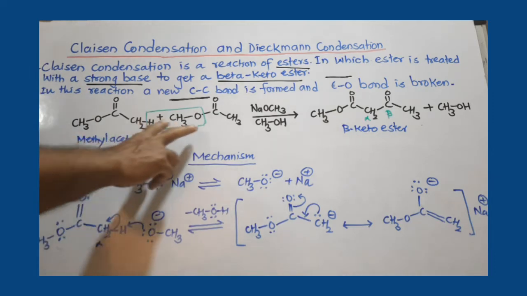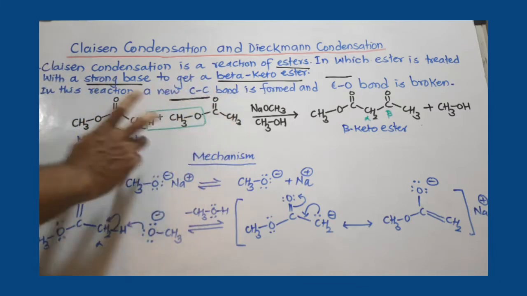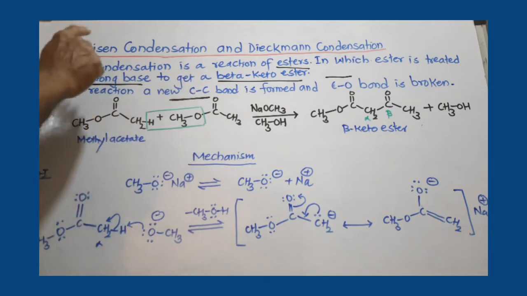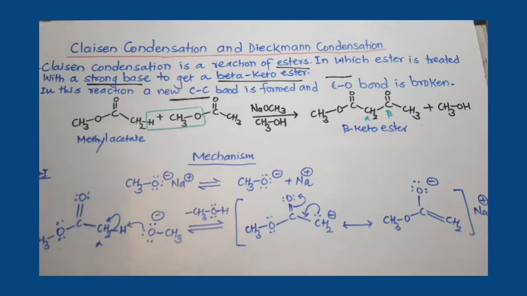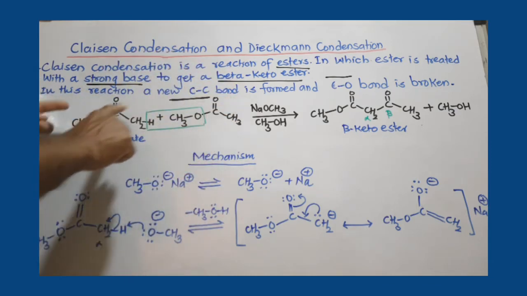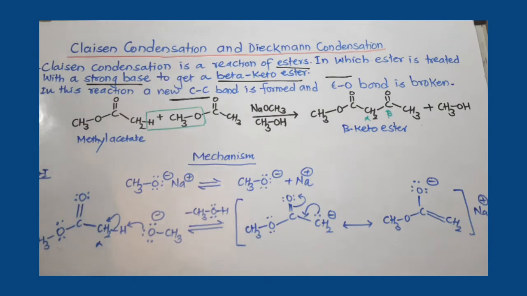I need two molecules of methyl acetate, or you can take two different ester molecules. If you are using two different ester molecules, we call it a cross Claisen condensation. And if we are using one molecule where two ester groups are present, then we call it a Dieckmann condensation. So this is the difference between Claisen condensation, cross Claisen condensation, and Dieckmann condensation.